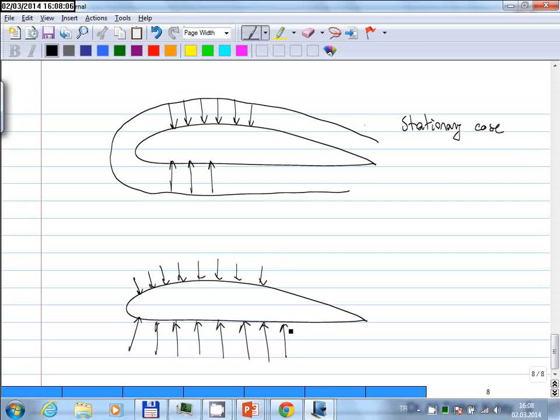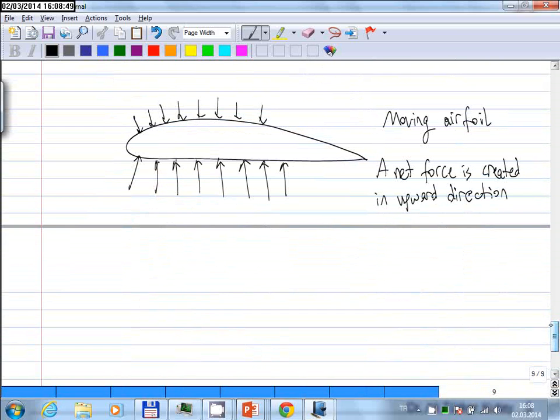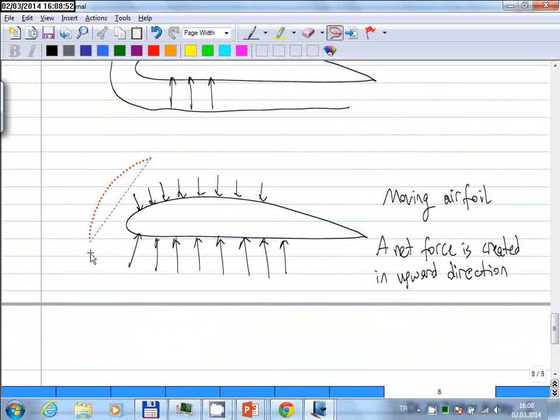If you sum all these little forces, you will see that in this case a net force is created in the upward direction. And we call that upward force the lift force.